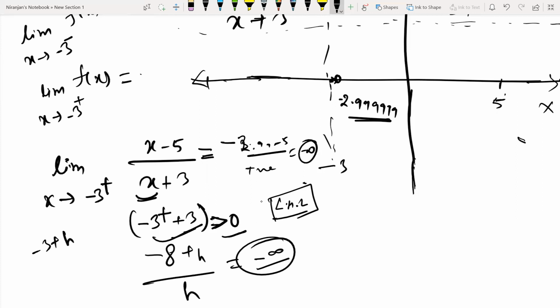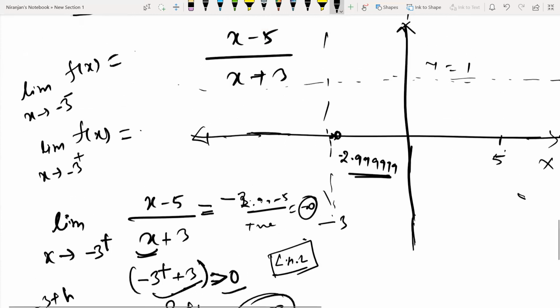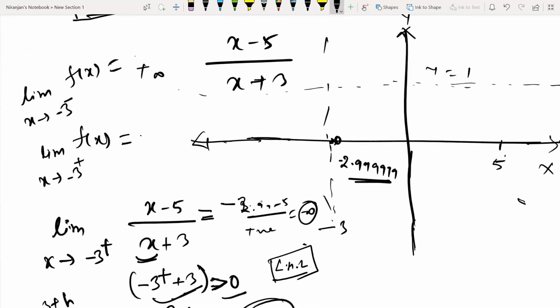What exactly does RHL mean? If you go slightly to the right of -3 and take a value like -2.9999998, your h is very small, so it leads to minus infinity. Similarly, on the left you are going to get plus infinity.